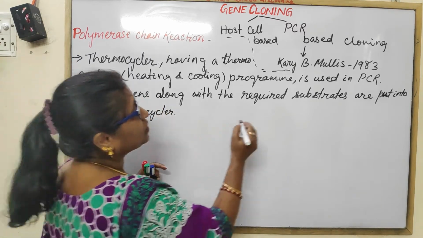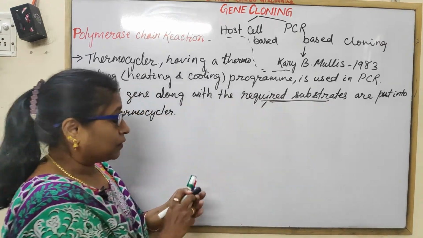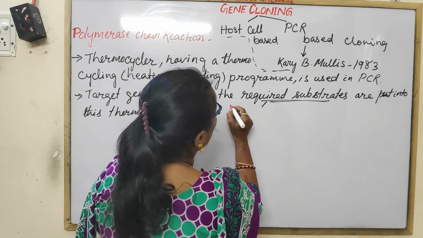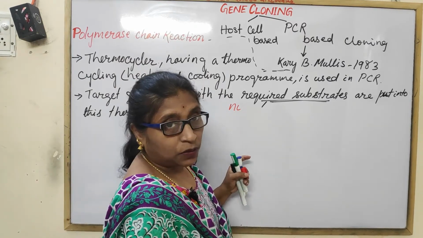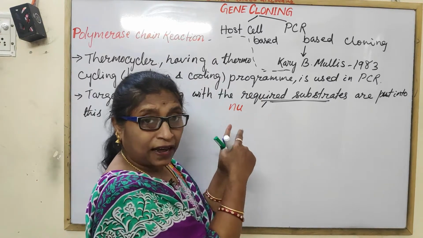So what are these required substrates? Of course, these are the nucleotides. We need the multiple copies of the required target genes.